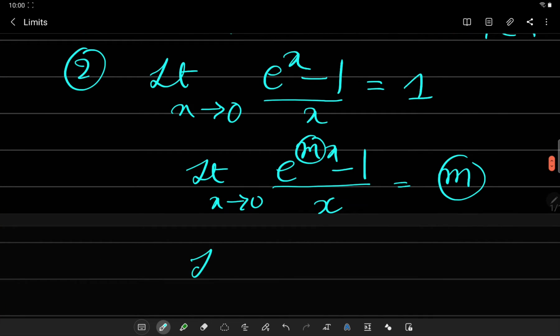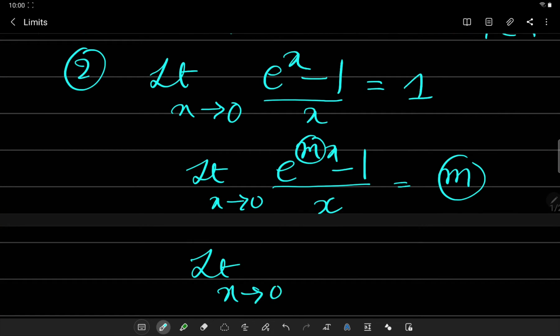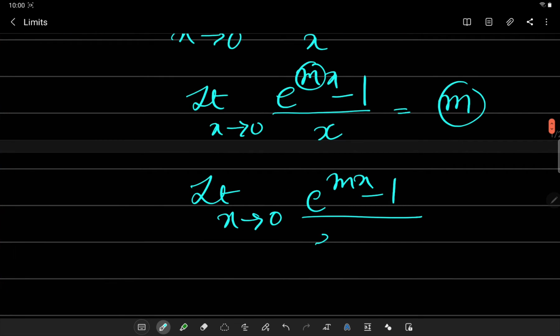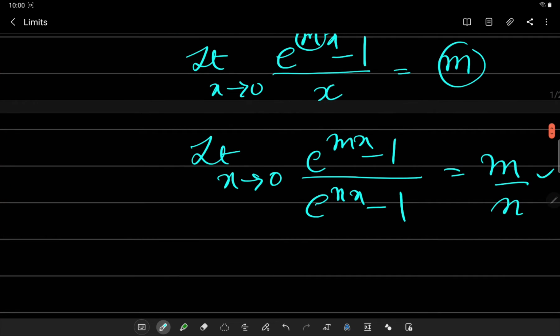If you have any limit of the form (e^(mx) minus 1) divided by (e^(nx) minus 1), it will be simply m by n. So you get questions from this also.